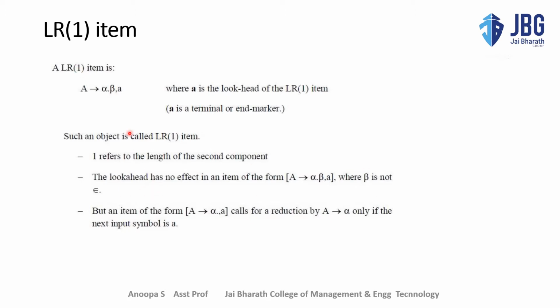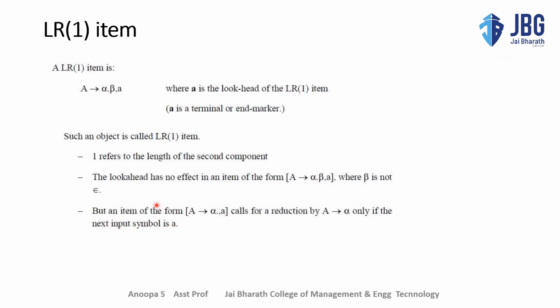In the case of A giving alpha dot beta comma a, where beta is not epsilon, the lookahead has no effect because we will be performing a shift action. But in the case of A giving alpha dot, we have to perform the reduction A giving alpha if the next input symbol is a.